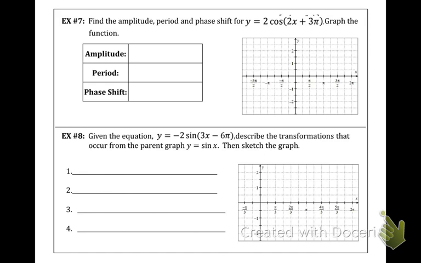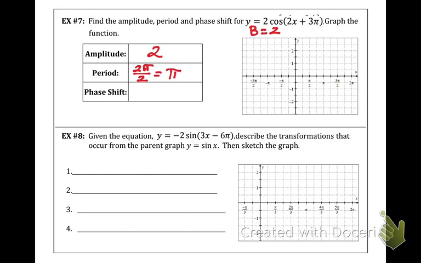So if we needed to find the amplitude, period, and phase shift for y equals 2 cosine of 2x plus 3 pi, and then graph it: our amplitude is 2. My b is 2, so my period is 2 pi divided by 2, so pi.